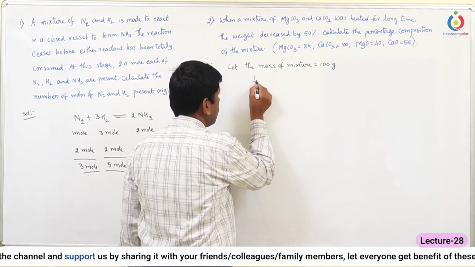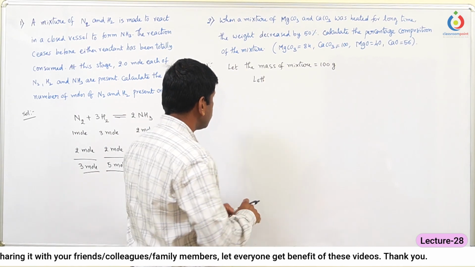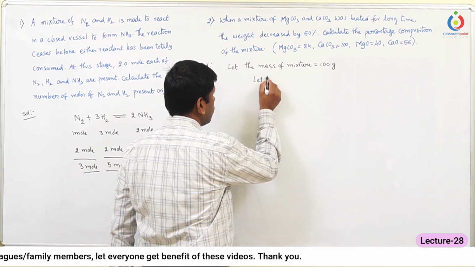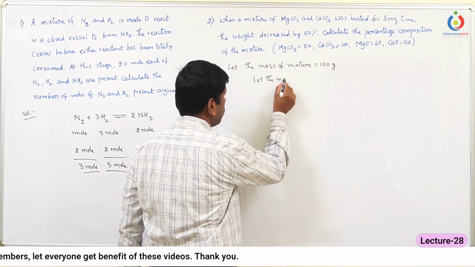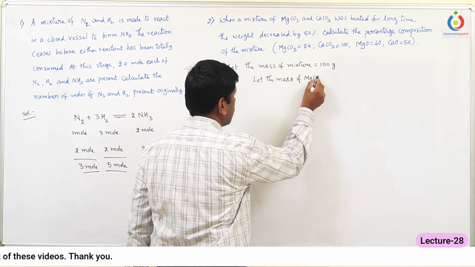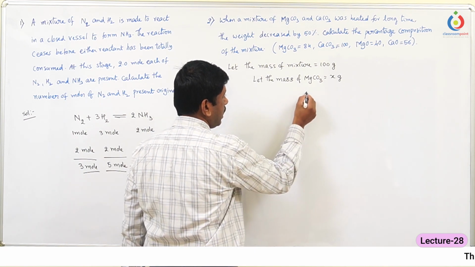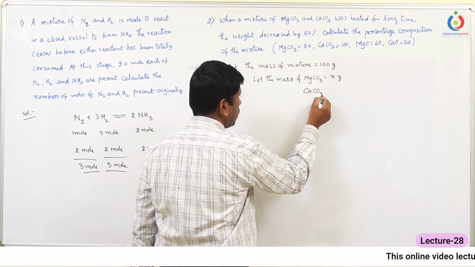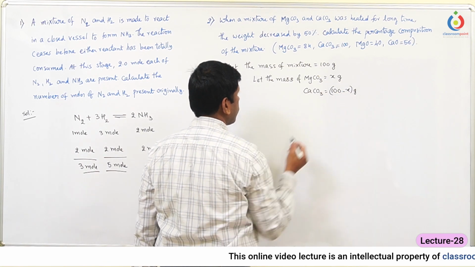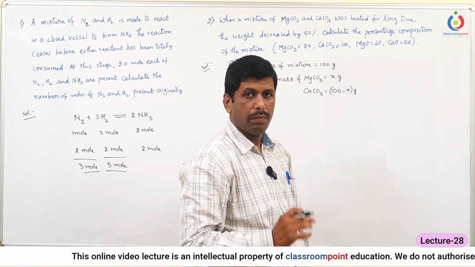So let us consider the mass of magnesium carbonate is equal to X grams. Obviously, then calcium carbonate is equal to 100 minus X grams. And they said 50% of the weight is reduced.